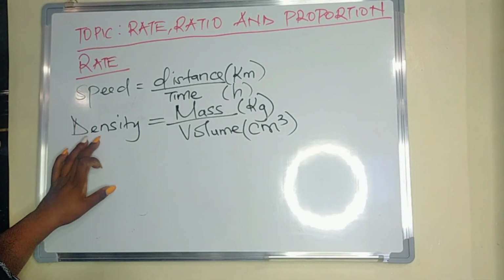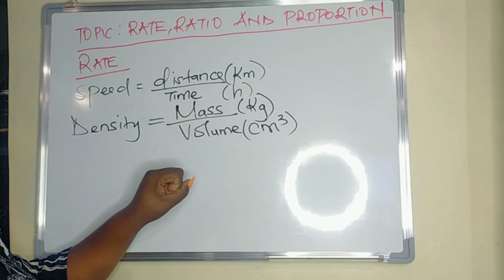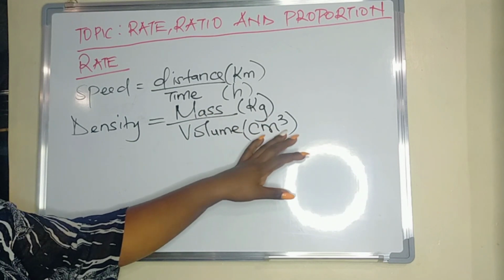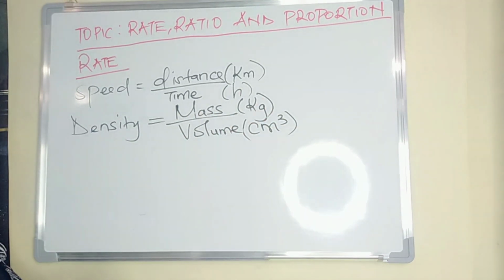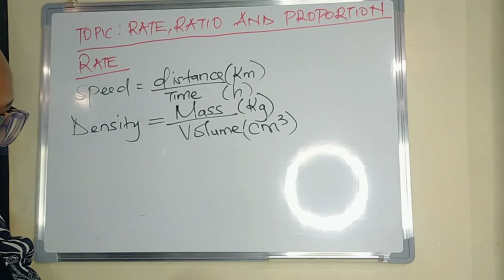So density is the amount of mass per volume, kilograms per centimeters cubed. Those are quantities which help us determine what rate is.